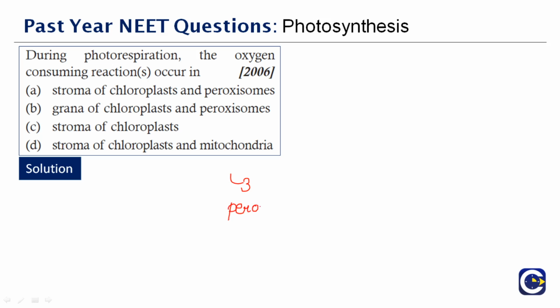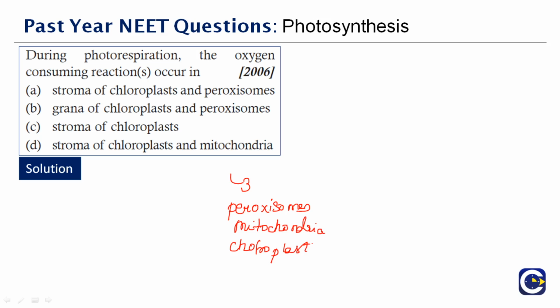We have peroxisomes, mitochondria and chloroplast. Right. So now you know what the answer is, right? So during photorespiration, the oxygen consuming reactions occur in the stroma of the chloroplast and peroxisomes. Since you don't have mitochondria there, you can add also that.